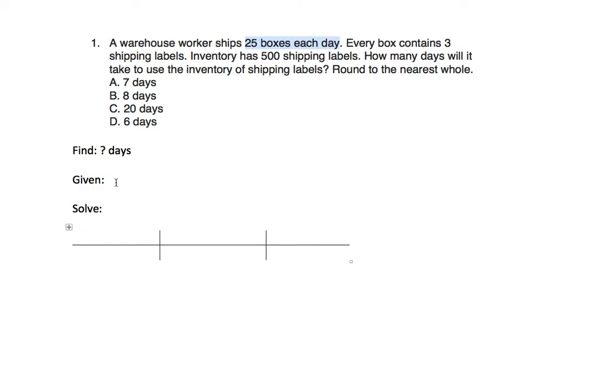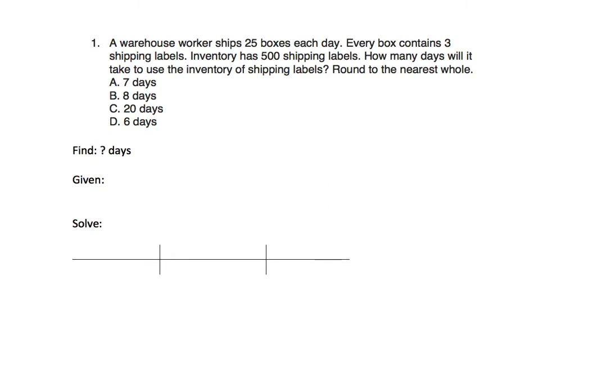It means one day. So what you're going to write down for something like that is that 25 boxes equals one day. Because anytime one day goes by, 25 boxes have been shipped. Anytime 25 boxes have been shipped, that means it's been one day. And so you can use that as an equivalence here.